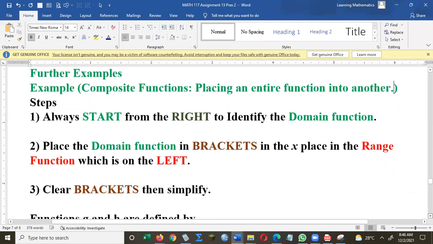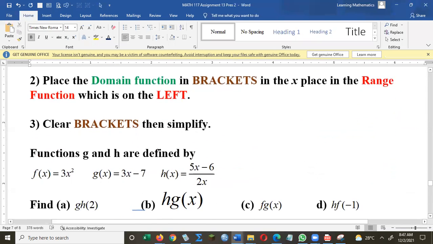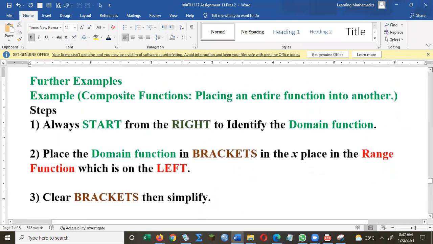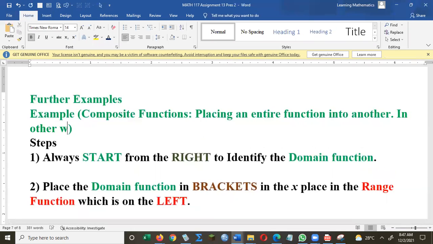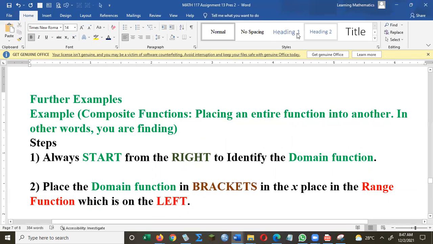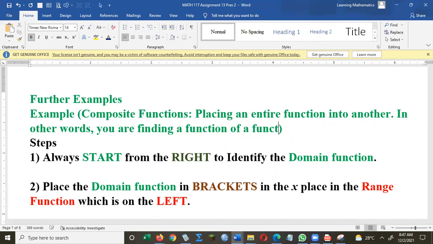In other words, you are finding a function of a function.